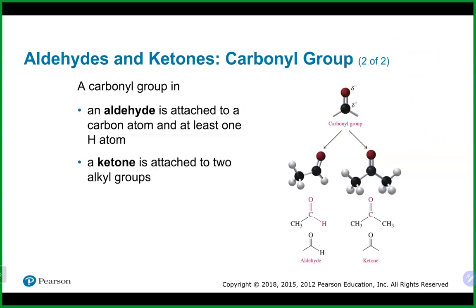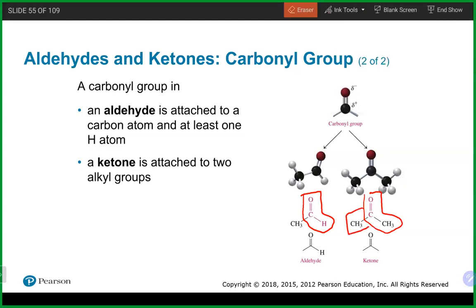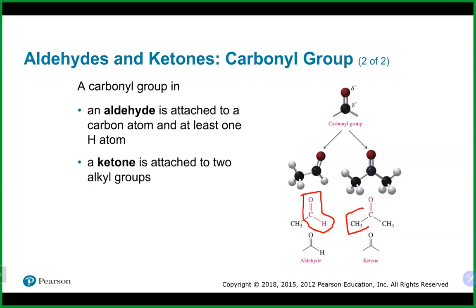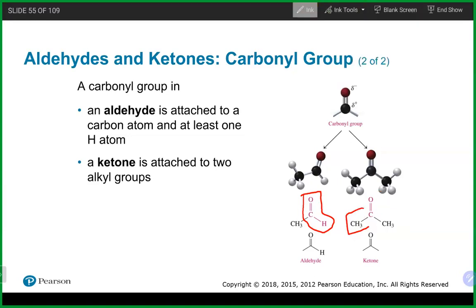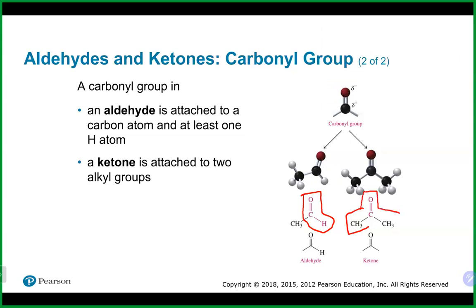The aldehyde is attached to a carbon with at least 1 hydrogen, and our ketone has alkyl groups attached to it. So this is our functional group for our aldehyde, and this is our functional group for our ketone, actually that entire thing, as we look at it.